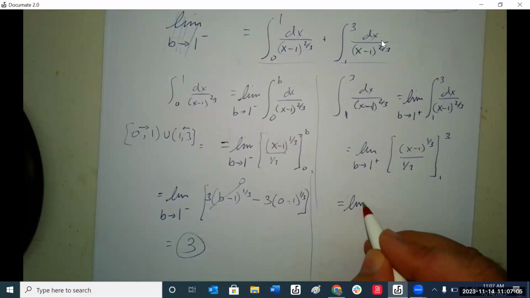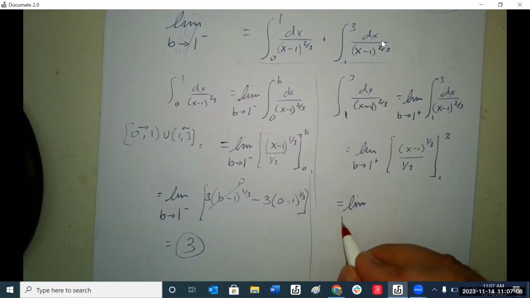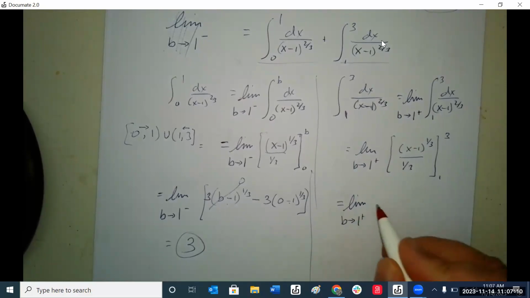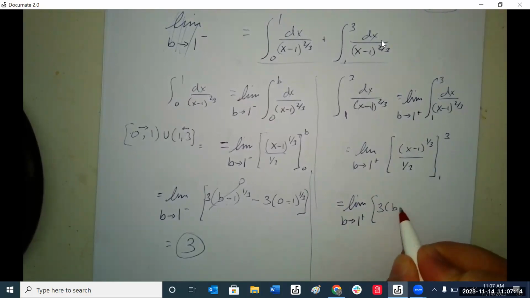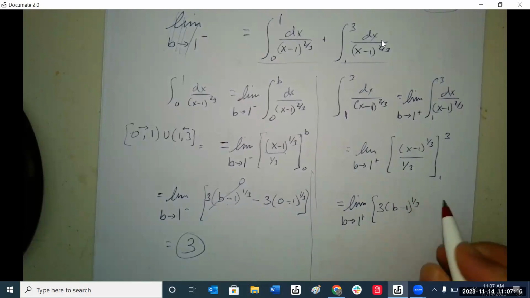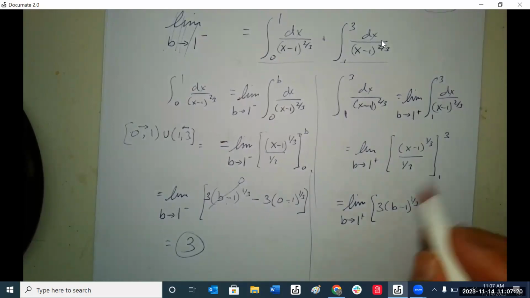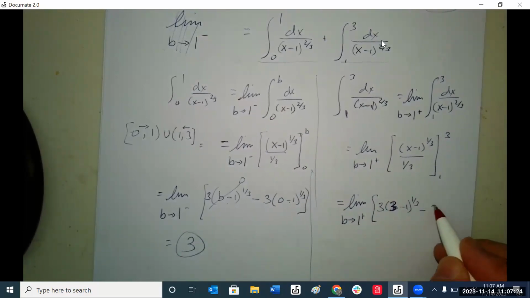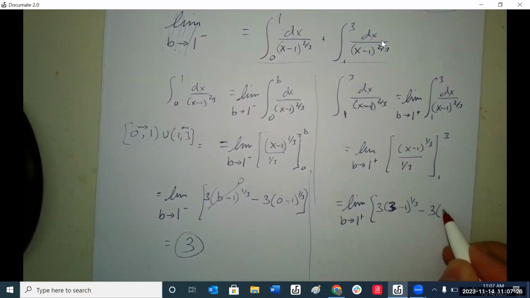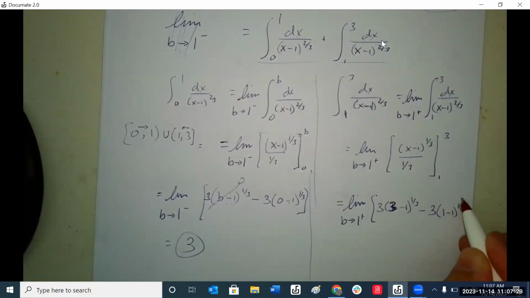And so I have the limit of 3 times (b minus 1) to the 1/3, minus 3 times (1 minus 1) to the 1/3.